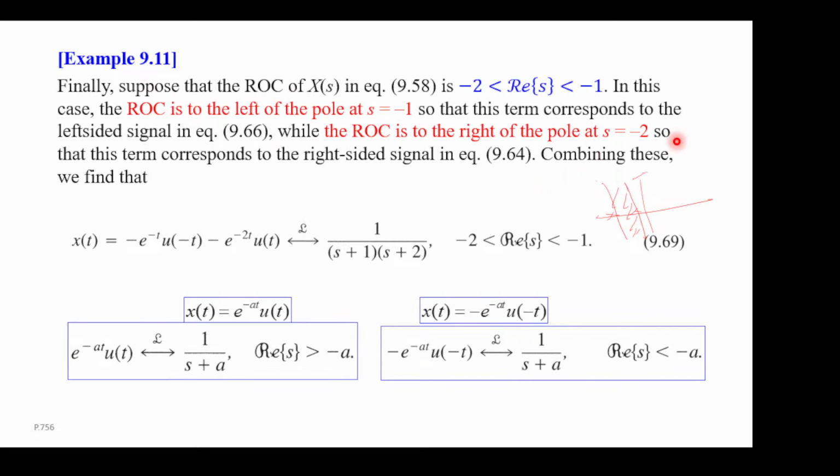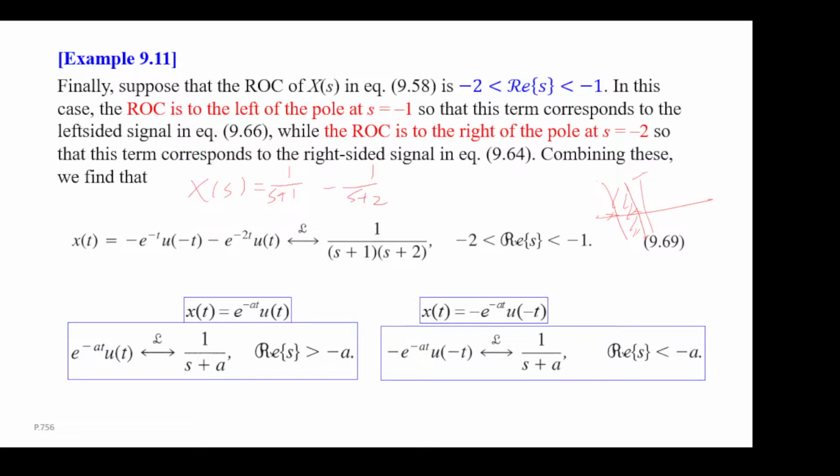So we have the answer here. It's to the right of the -2 pole, so the -2 term gets a right-sided exponential decay, and it's to the left of the -1 pole. Let's write this again. Our X of s equals 1 over (s plus 1) minus 1 over (s plus 2).